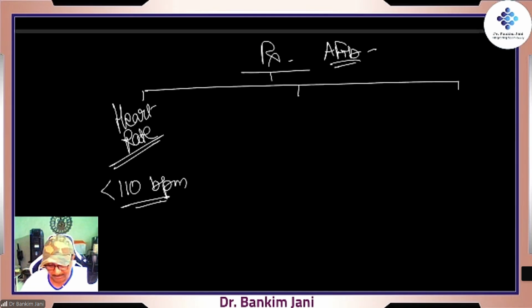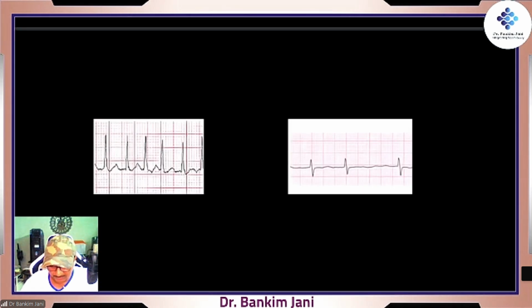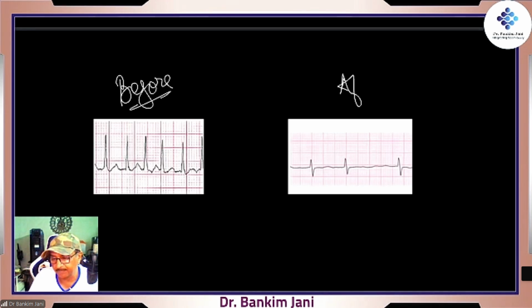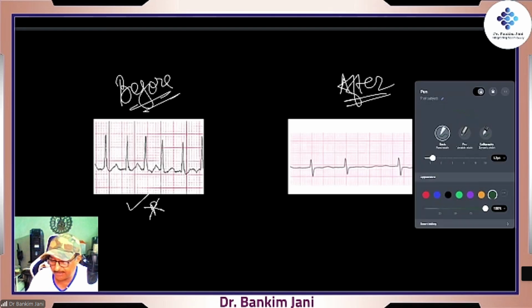So when you decrease the heart rate, I'll just fast forward. Here it is. This is before. This is after. What's the difference? If I ask what condition you are watching, you will immediately say that this is atrial fibrillation, because there are no P waves and the distance between QRS complexes is variable. Same thing over here, correct?